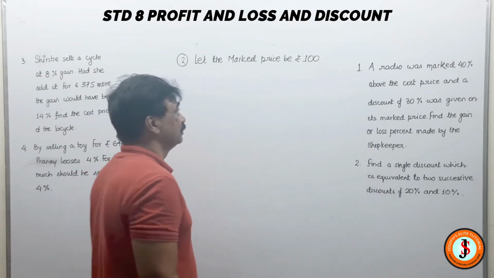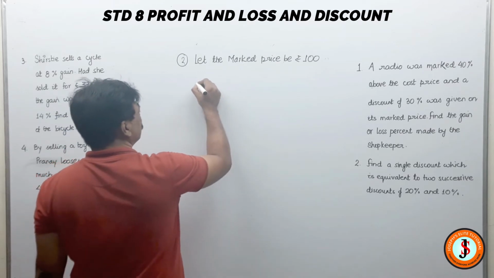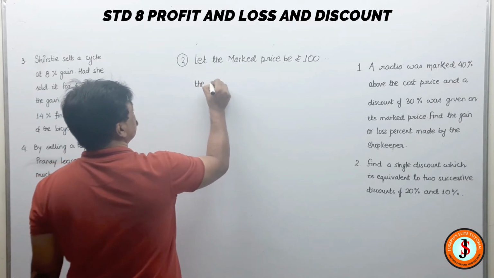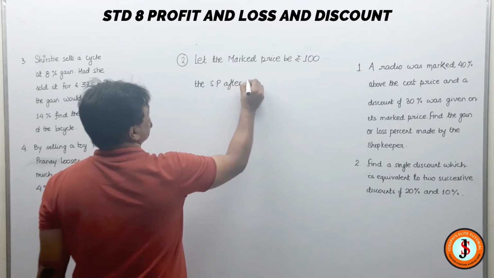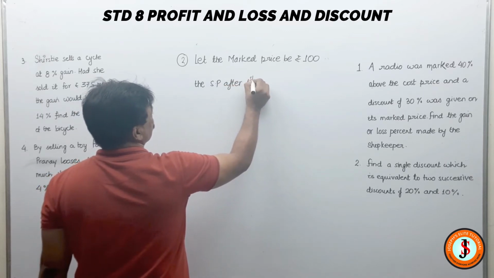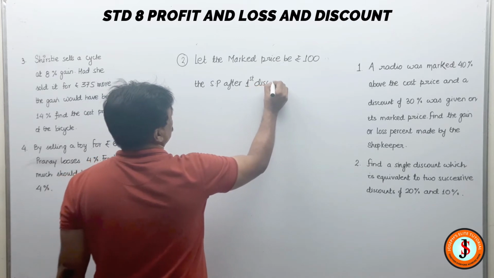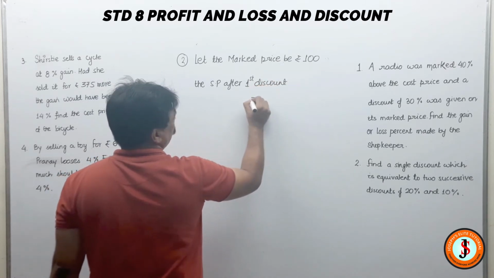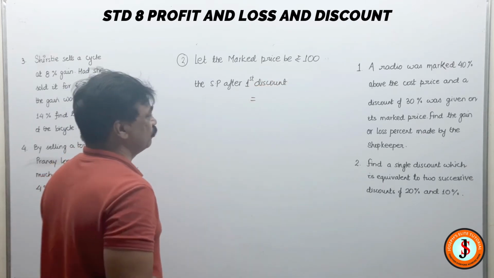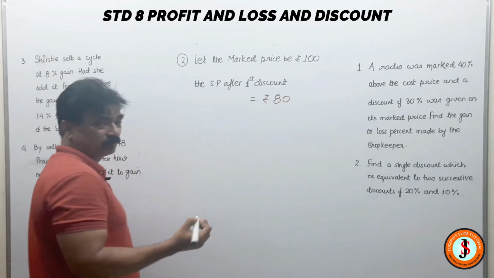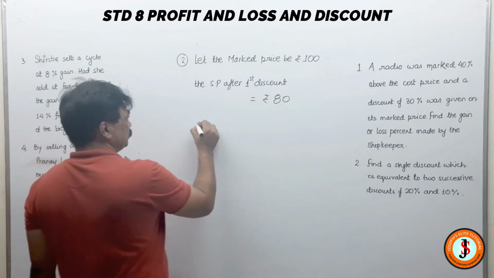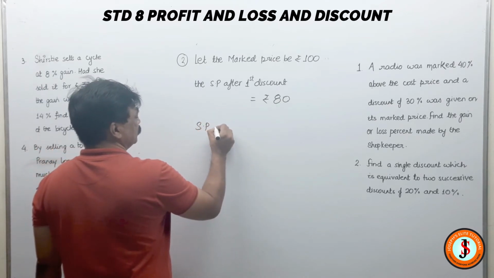But let us see. The mark price is rupees 100, then SP after first discount will be how much? 20% of 100 will be what? Rupees 80. Now SP after second discount.